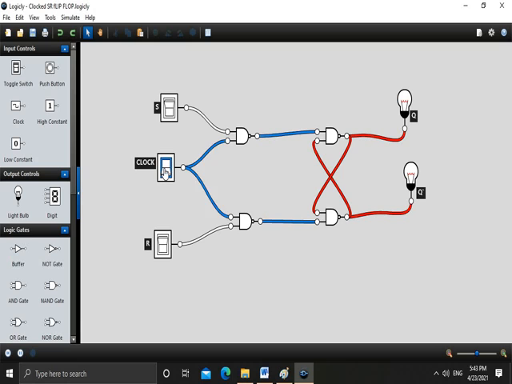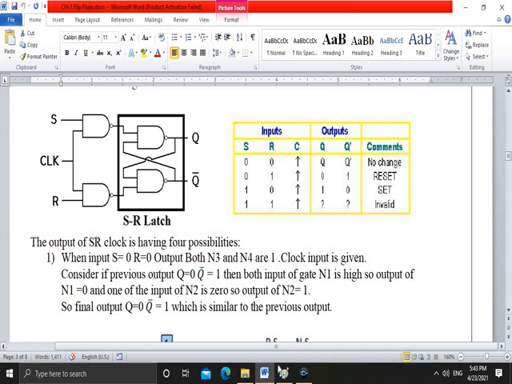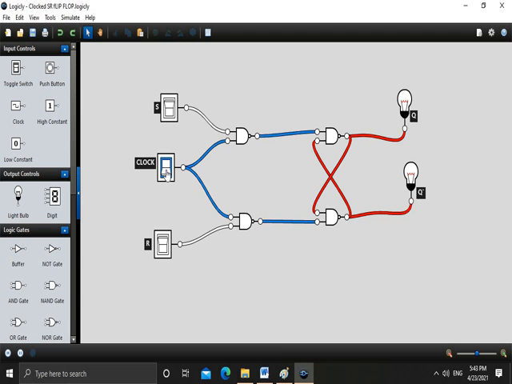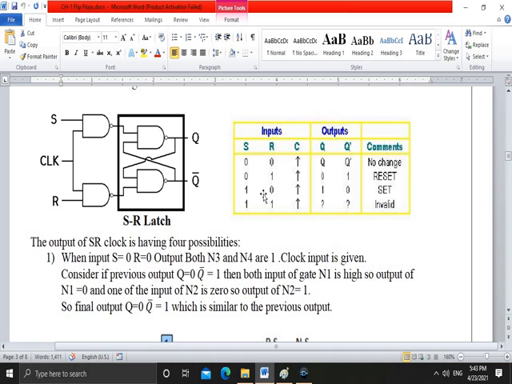If both the inputs are 0 0, clock is given, there is no change. If S is 1, R is 0, clock is applied, Q is 1, Q bar is 0.